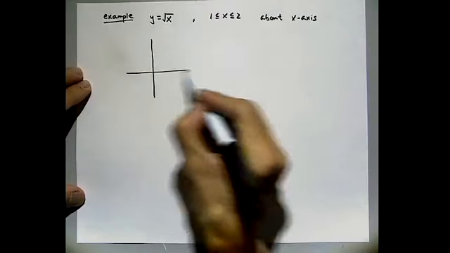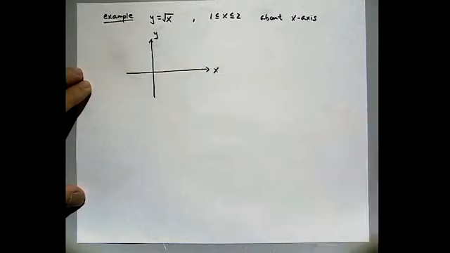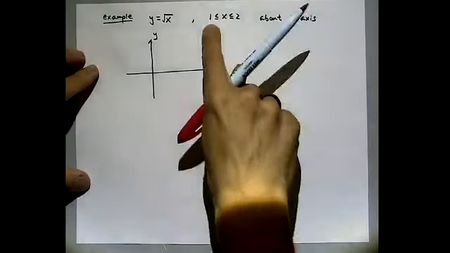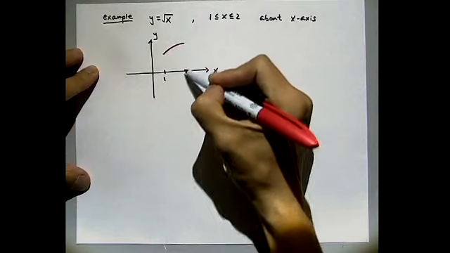Let's take a look at what this looks like. What does y equal to radical x look like? Describe it in words. Sideways parabola, which half? Upper half, right. And we just want a segment of that. So something like that, let's say.